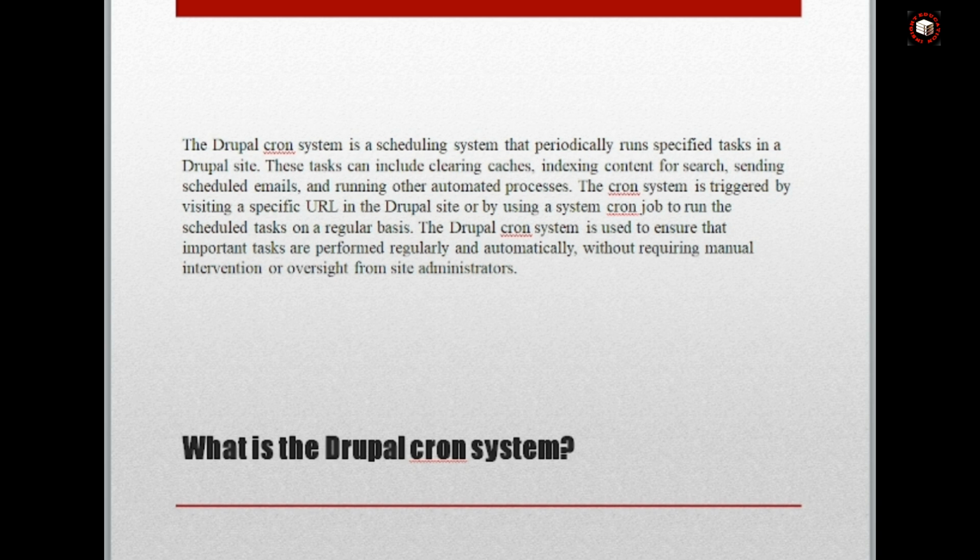The cron system is triggered by visiting a specific URL in the Drupal site or by using a system cron job to run the scheduled tasks on a regular basis. The Drupal cron system is used to ensure that important tasks are performed regularly and automatically without requiring manual intervention or oversight from the site administrator.